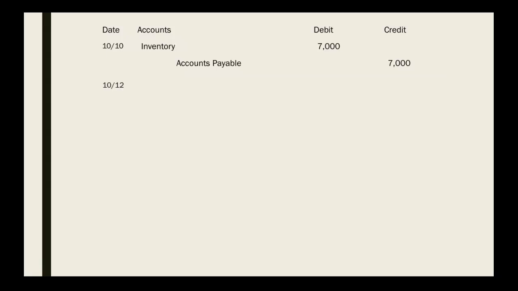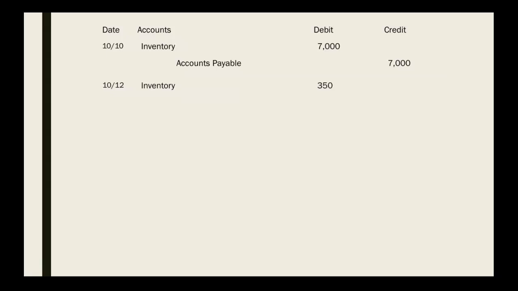Now, on October 12th, it says Jones pays the freight costs of $350. So, freight costs are shipping costs, right? They're additional costs of acquiring this inventory. It cost Jones an additional $350 of shipping just to get this inventory to their warehouse.